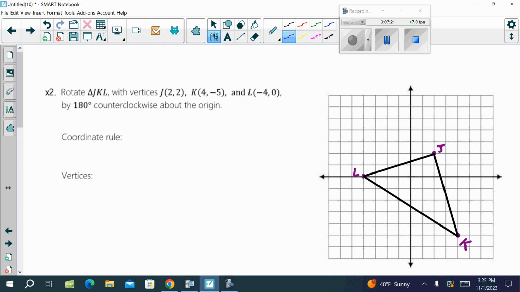All right, what's the rule for a 180? (x, y) transforms to be what? (Negative x, negative y). So we're going to do the opposite of x, the opposite of y. So that means (2, 2) is going to transform into (negative 2, negative 2).